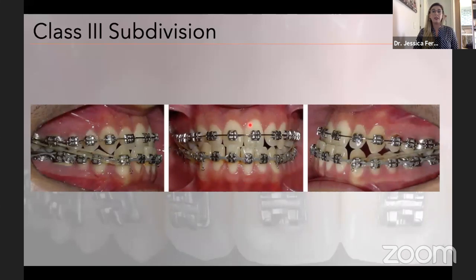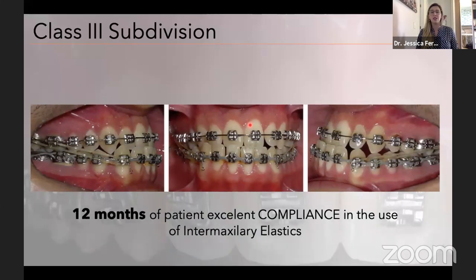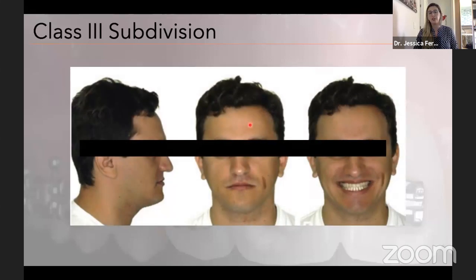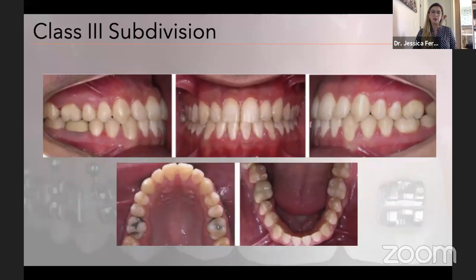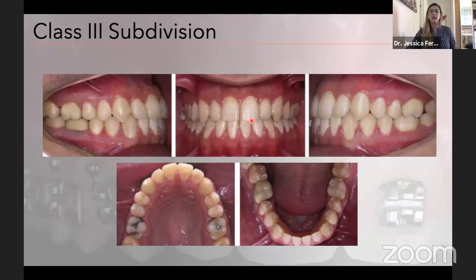So after 12 months of the patient's excellent compliance in the use of intermaxillary elastics, we finished the treatment with the coincidence of dental midlines, both maxillary and mandibular arch, and the class 3 malocclusion corrected, with great occlusal outcomes.